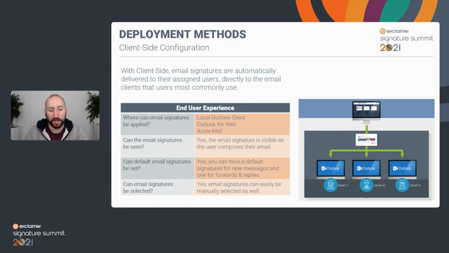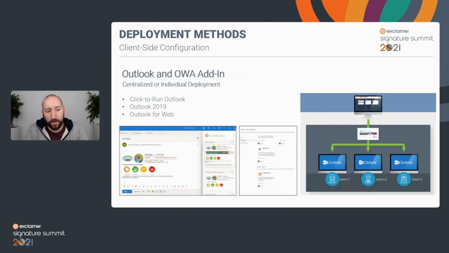Now, that deployment mechanism that makes this possible differs depending on the Outlook client that you use. If you use the click to run Outlook that comes as part of the Microsoft 365 license, then you could use an add-in. The same is true if you're using Outlook 2019 or you're using Outlook for Web.